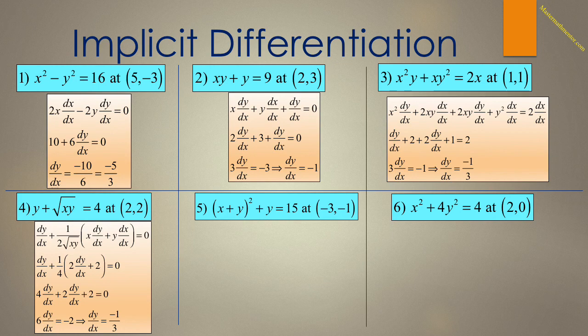I'm going to multiply everything by 4 to get 4 dy/dx plus 2 dy/dx plus 2 is equal to 0, and therefore 6 dy/dx equals -2, and dy/dx equals -1/3.